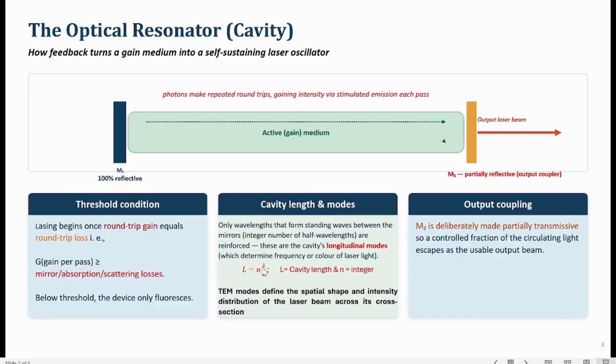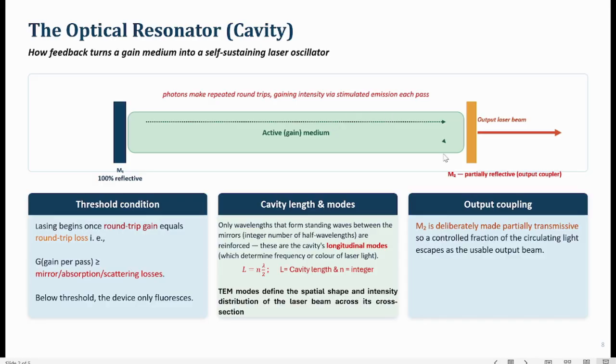So only those wavelengths will completely fit inside the cavity for which this expression is satisfied. These longitudinal modes are the modes which determine the frequency of the emitted laser light or the color of the laser light.